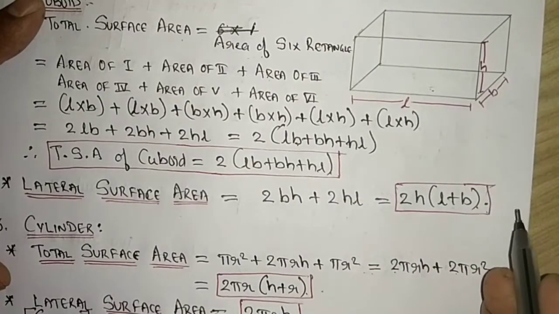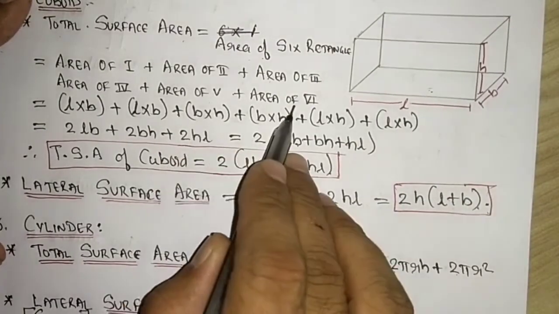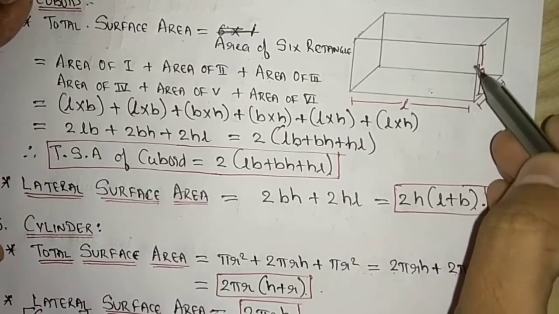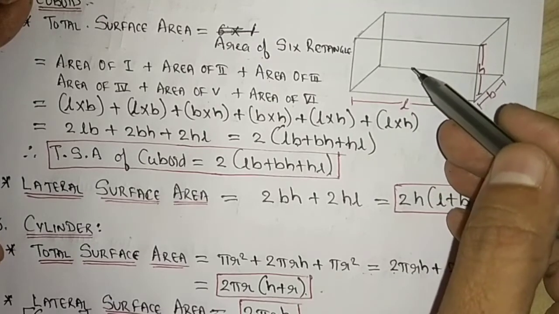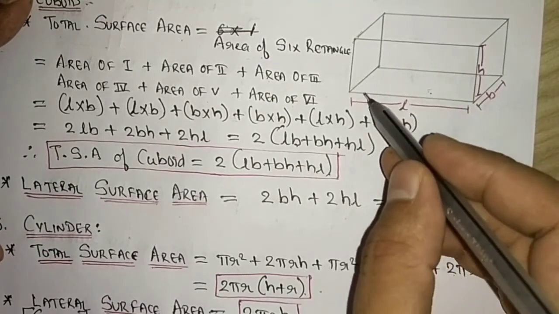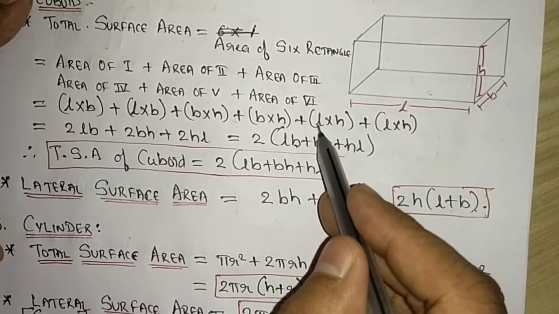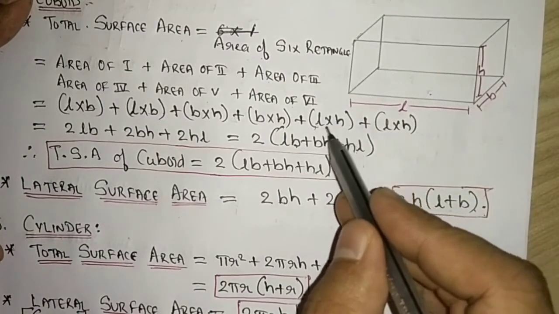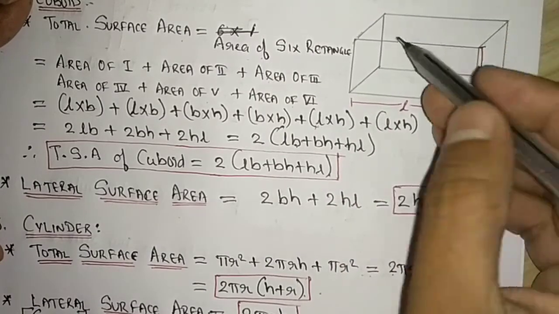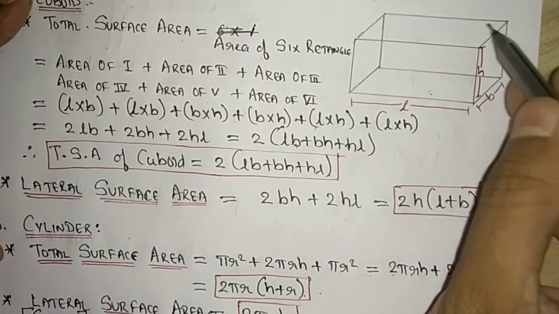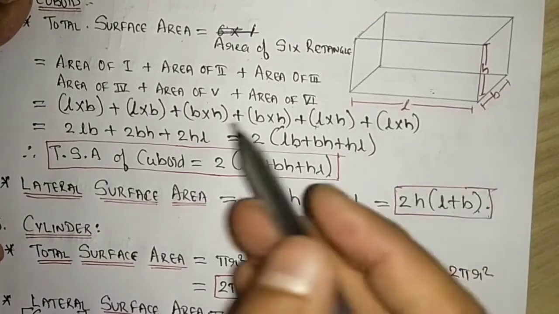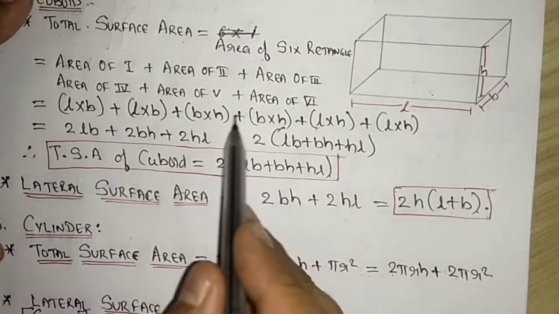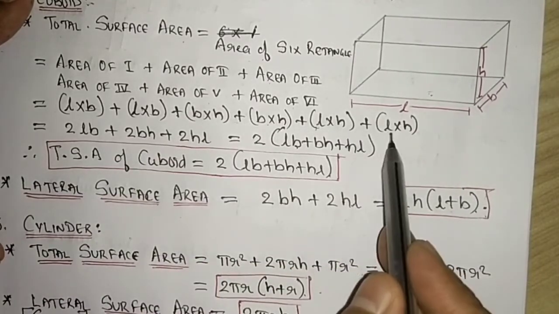Now moving to the fifth and sixth rectangles. That is the front one, this rectangle. It is also a rectangle, so the formula will be length into breadth. Length is L and breadth is H, so L into H. The same way on the back side, this rectangle is also L into H. So if I add them, I will get 2 times LB, 2 times BH and 2 times HL.